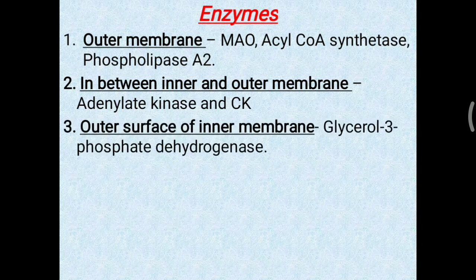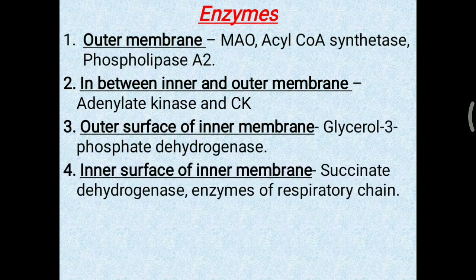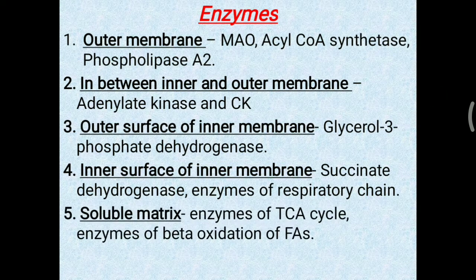The outer surface of the inner membrane contains glycerol 3-phosphate dehydrogenase, while the inner surface of the inner membrane contains succinate dehydrogenase, an important enzyme of the TCA cycle, and all enzymes of the respiratory chain are present over the inner surface of the inner mitochondrial membrane. The soluble matrix contains all enzymes of the TCA cycle and beta oxidation of fatty acids. So all enzymes of the TCA cycle except succinate dehydrogenase.